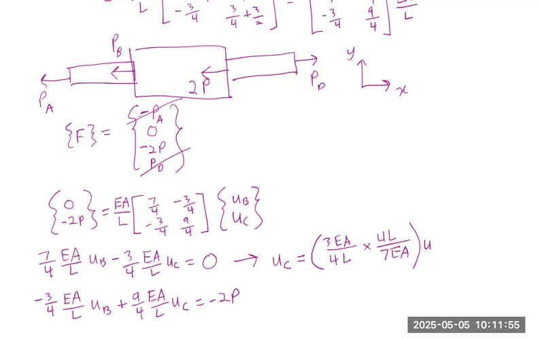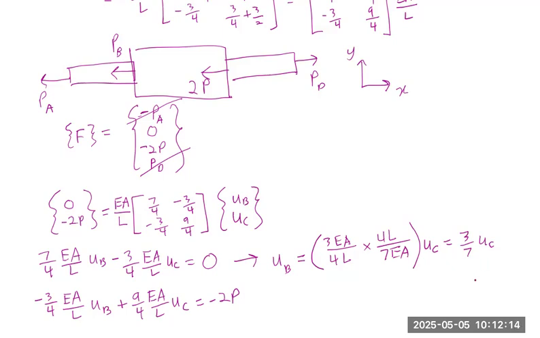This one is supposed to be UB. So UB equals that multiplied by UC. And thus UB is equal to 3 over 7 UC.